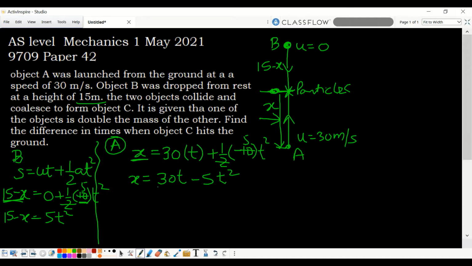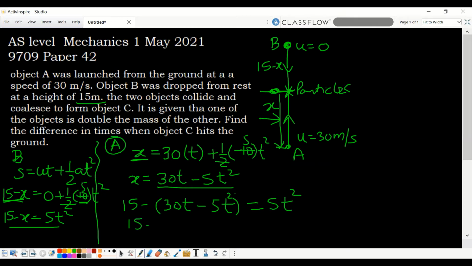Now let's plug this value of x into the equation we got for object B. So it will be 15 minus 30t minus 5t squared equal to 5t squared, which comes out to 15 minus 30t plus 5t squared equal to 5t squared.